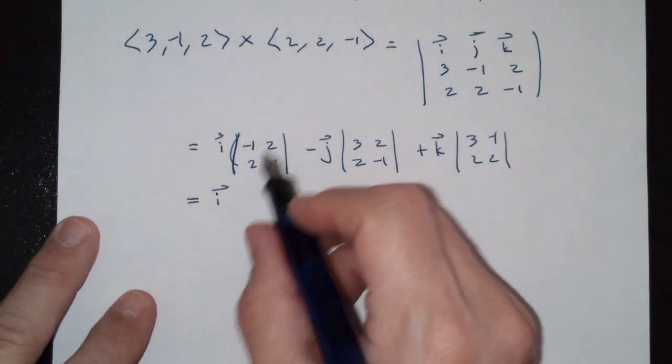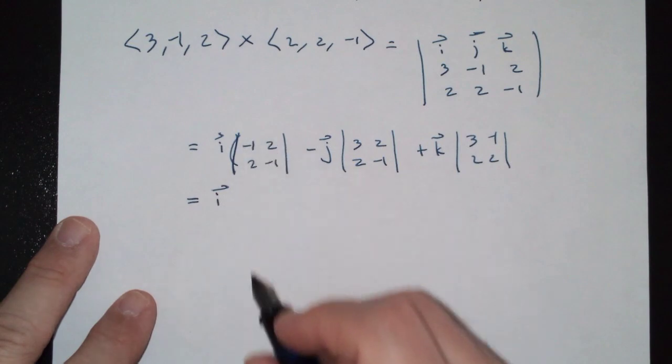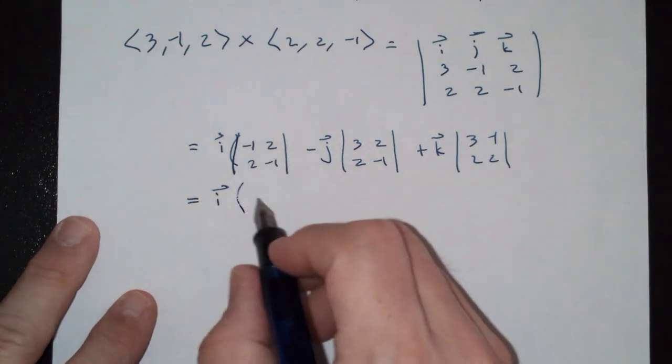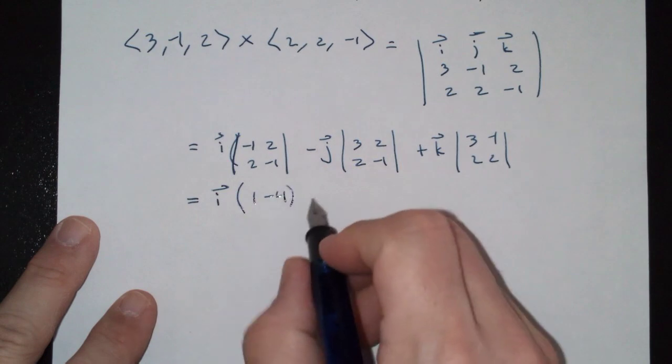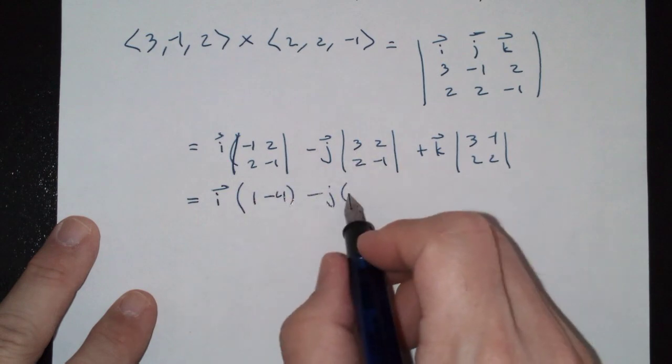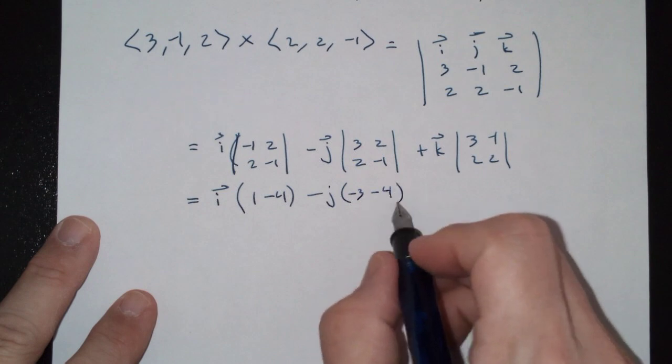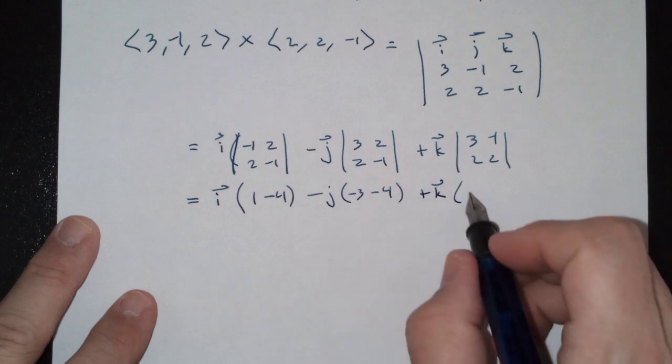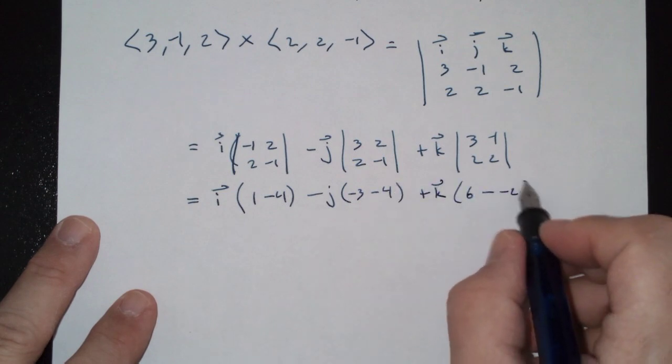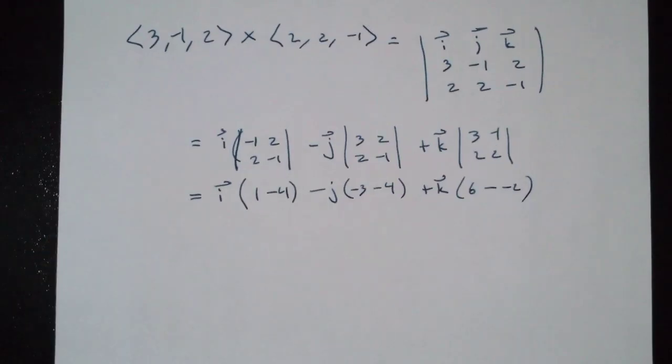Then, what do I get when I do the 2 by 2 here? Remember, when we go from left to right multiplying, if we're going down, we add.